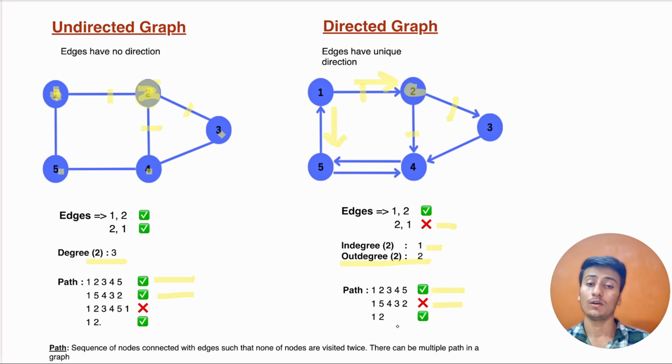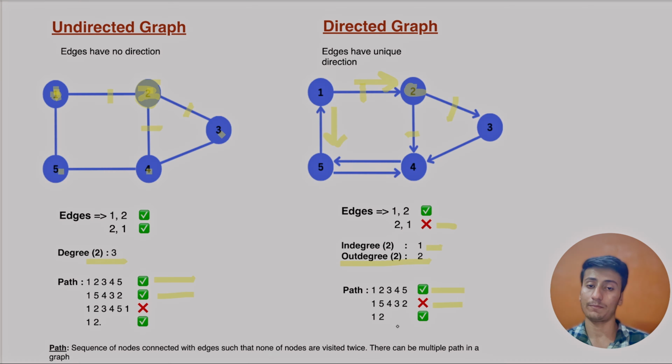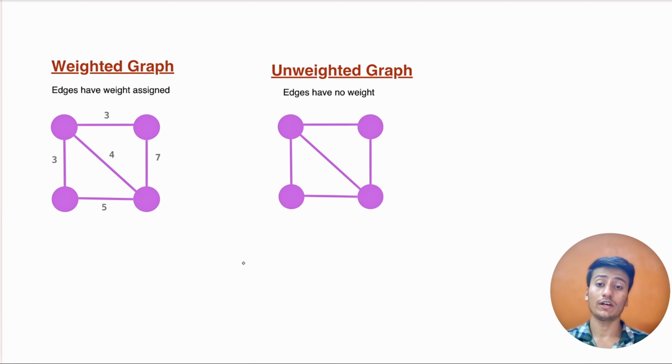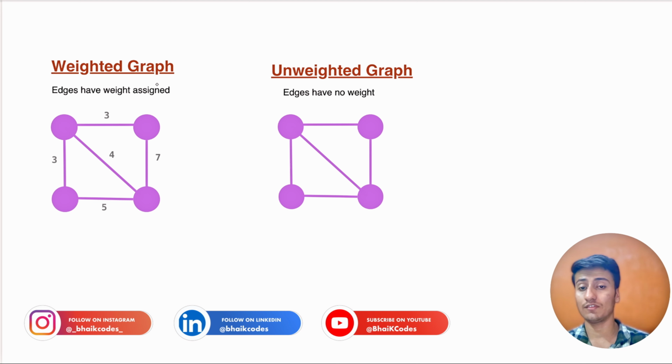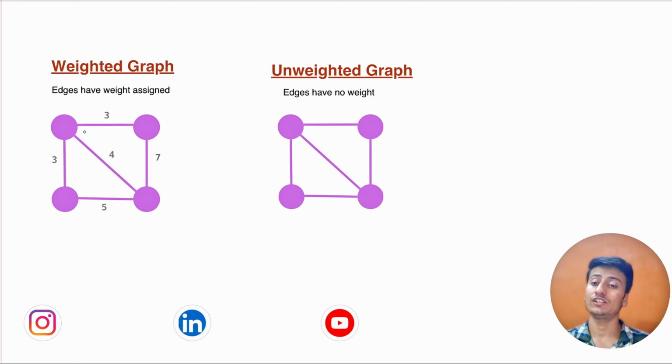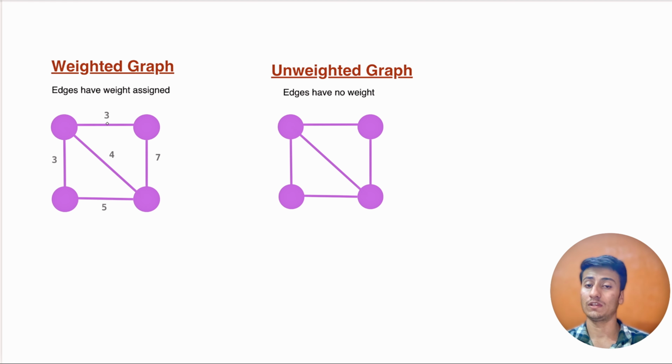Let's see what more classification of a graph can be done. Based on the weight of the edge, a graph can also be defined as a weighted graph and an unweighted graph. In a weighted graph, each edge is assigned a weight. As you can see, this edge has a weight 3.